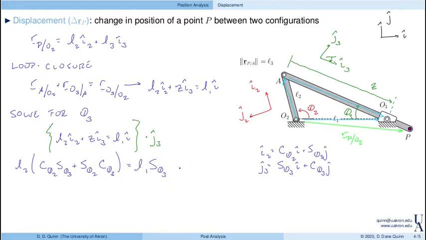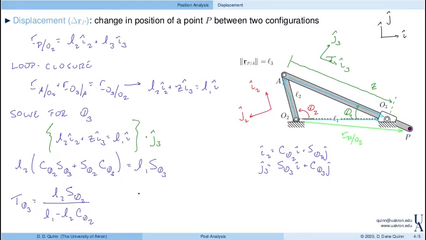So we can solve this for theta 3. And what we find is that tangent of theta 3 is equal to L2 sine of theta 2 divided by L1 minus L2 cosine of theta 2. I just solved this equation for tangent of theta 3.